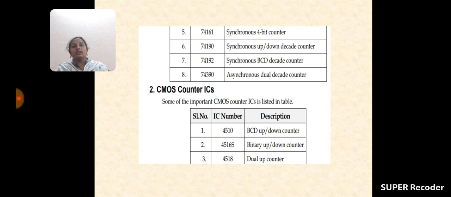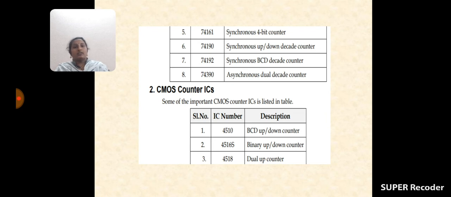TTL, transistor logic is used in the previous one, that is the 74 series. But here the 4000 series or 4500 series provides us CMOS technology. What is meant by CMOS technology? Complementary metal oxide semiconductor device technology.